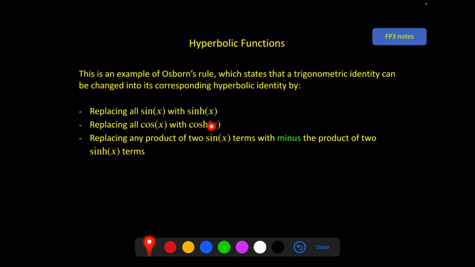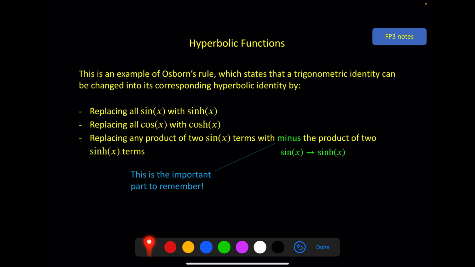But the third one, the important one, that does occasionally trip people up, is to replace any product of 2 sin x terms with minus the product of 2 sinh x terms. And that's why on the previous identity we ended up with a minus sinh squared x. So this bit here is the important part to remember, and is the easy part to forget.